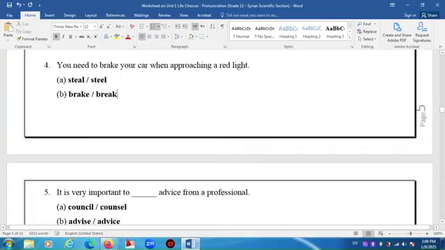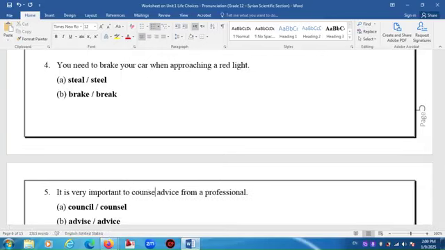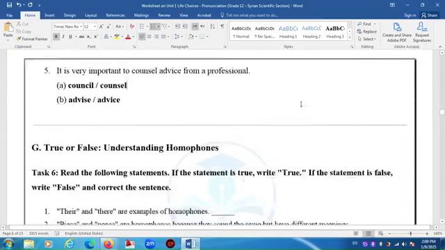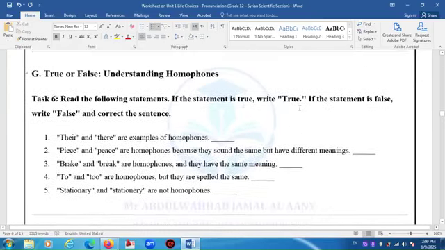Counsel, not the noun. Counsel, the verb. Be careful with this, okay? It's very important. Not the noun counsel with I. You have to use the E. The verb counsel, to ask for advice. True or false? I need you now to read and say, is it true or is it false?